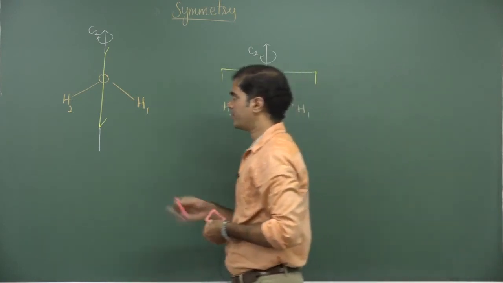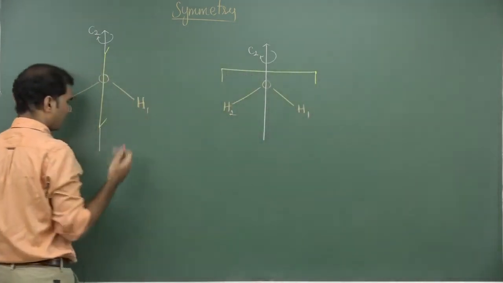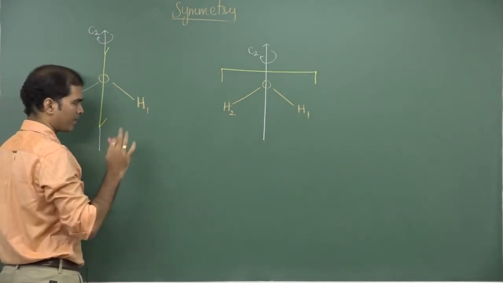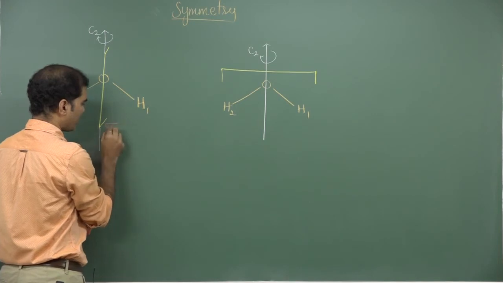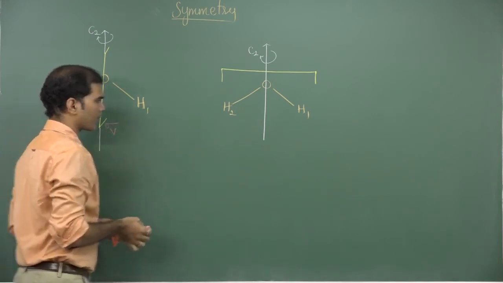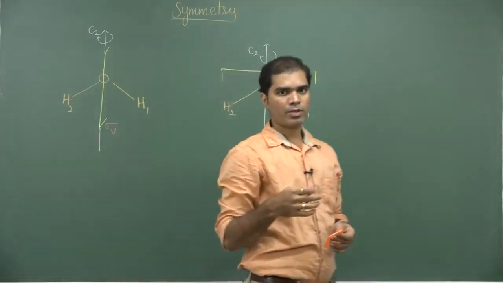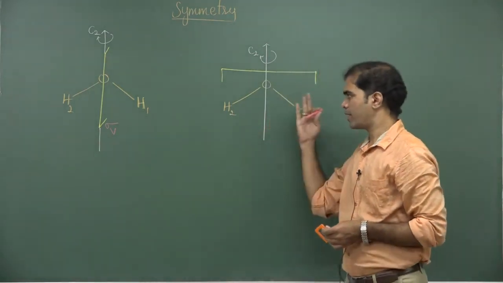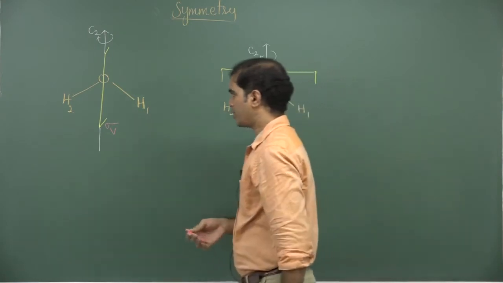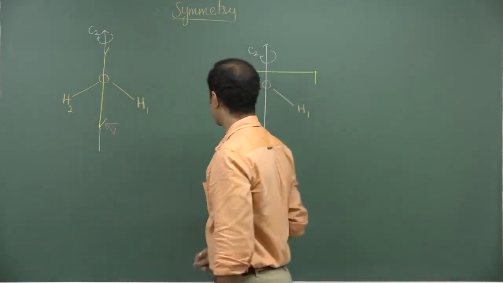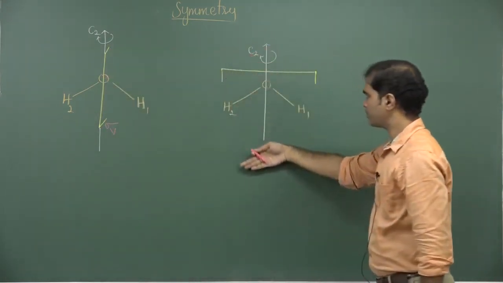What is our conclusion? The first plane, previously we have simply called it a plane. We did not differentiate them. Now let us differentiate. This particular plane is called a sigma V. In the previous case, what we have told is one is XZ, one is YZ. There is no XY, but according to some other definition, this will become a sigma V. What will this become?